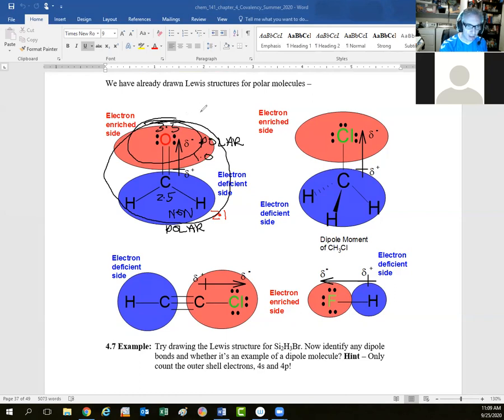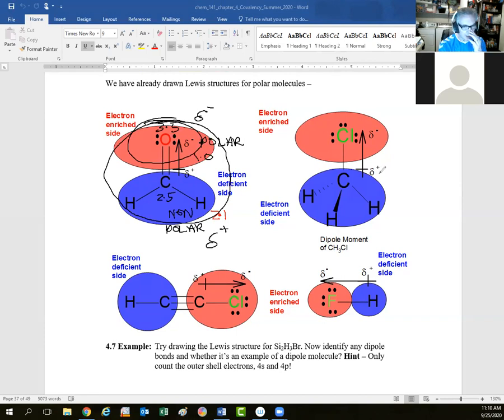So one side becomes electron enriched and delta negative. The other side of the molecule becomes electron deficient and becomes delta plus. It's like milder, weaker forms of ion charges that we saw in chapter 3. So with one bond being polar, the molecule is always polar.